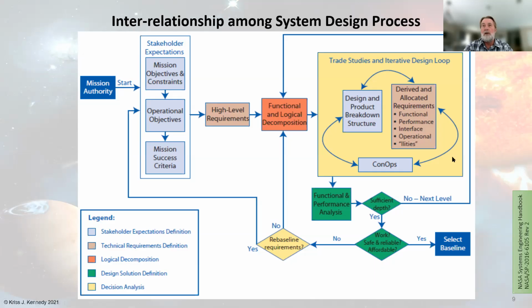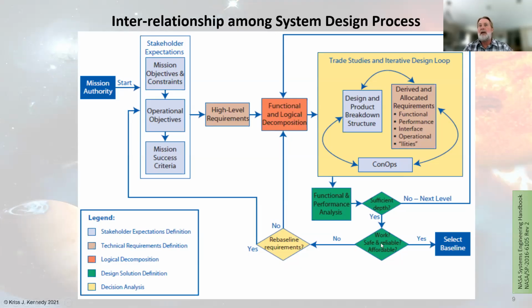In a kind of storyline, if you will. From that, you will get into functional performance analysis, assessments, and analysis of the system design with different options, different subsystems. You will have to assess, is that sufficient in depth? Are we done, or do we need to go to the next level, or is there something missing? Did something not work out? Do we need to change out a subsystem or something else? And then you would iterate.